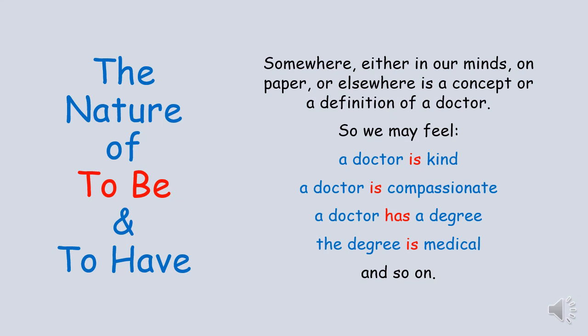So I suggest that somewhere, either in our minds, on paper or elsewhere, is a concept or a definition of a doctor. So we may feel a doctor is kind, a doctor is compassionate, a doctor has a degree, the degree is medical, and so on.